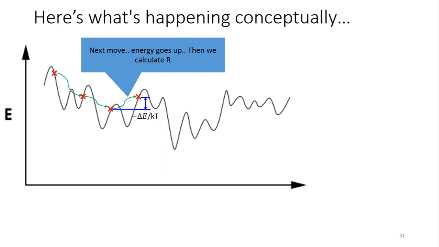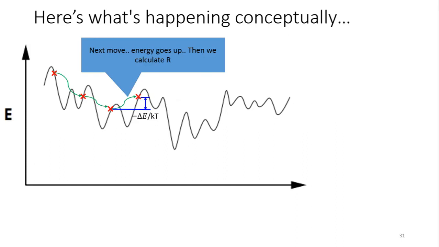In our previous lecture, we discussed the steps involved in the Monte Carlo algorithm that enabled us to generate a lot of decoys. We also learned that by comparing a random number r to the exponent of the delta E term, we can climb up the energy hill using small baby steps.